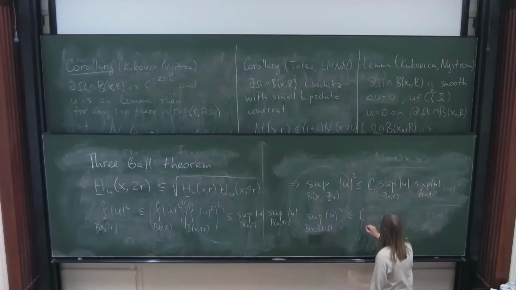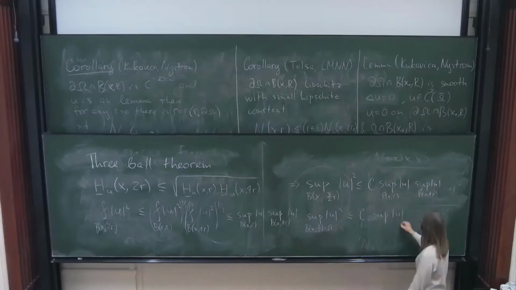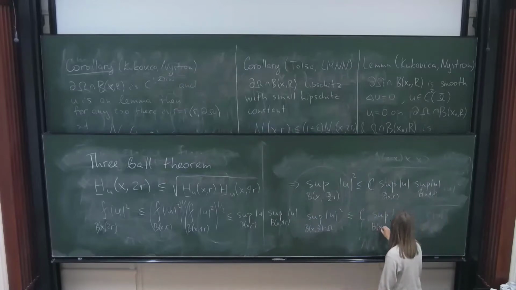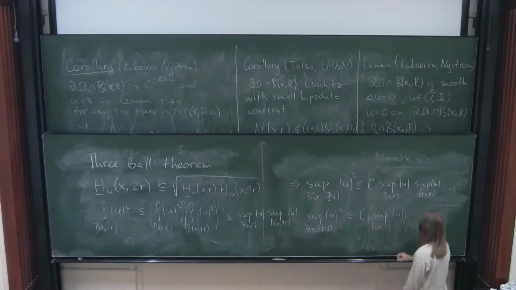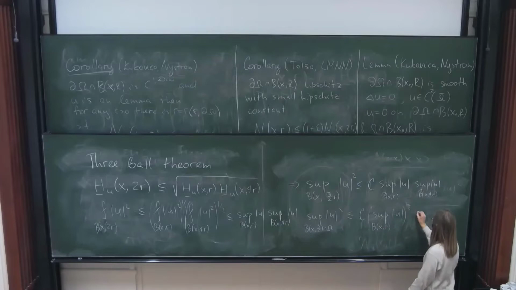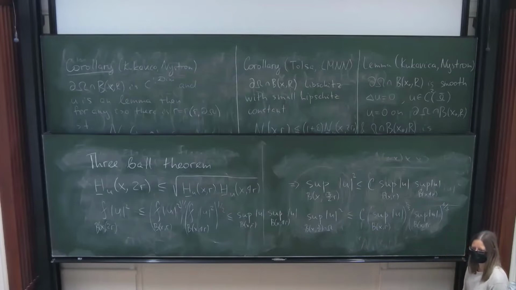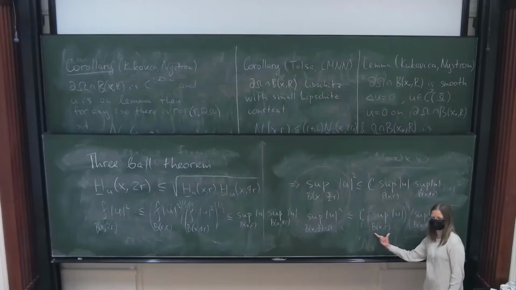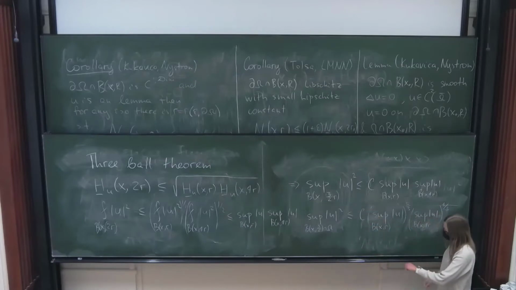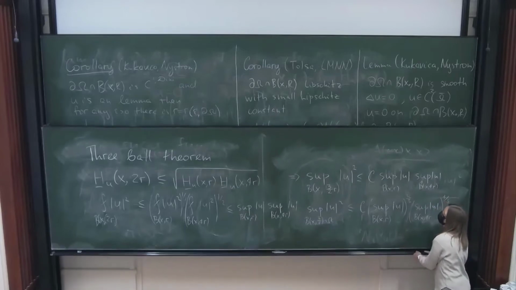I should take a smaller power on a small ball plus 1, and then a larger power on a larger ball. So this almost monotonicity of the frequency function results in such inequalities near the boundary. We'll use them after the break: three-ball inequalities for one function.